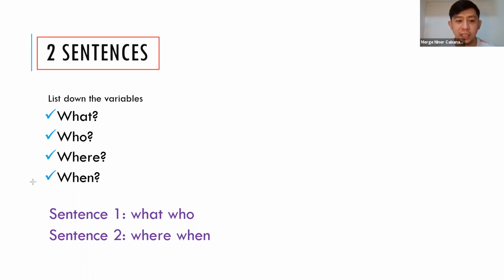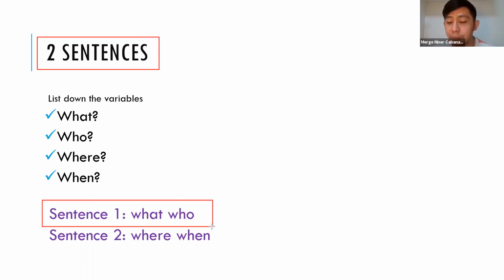The first sentence should answer what the graph is about and who the parties involved are. Look at the title. Look at the main idea. What is the graph trying to compare? Is it trying to compare the income of young people in university?